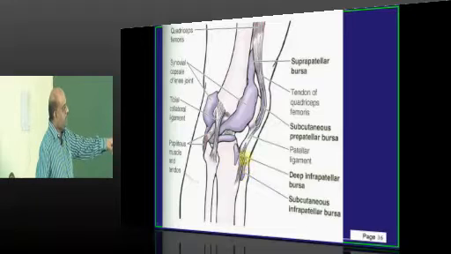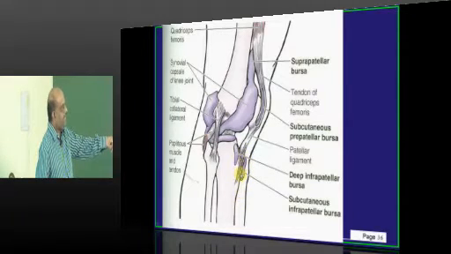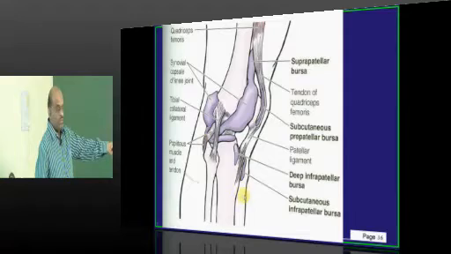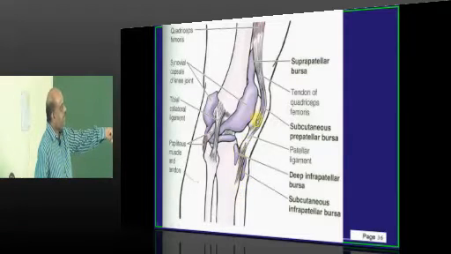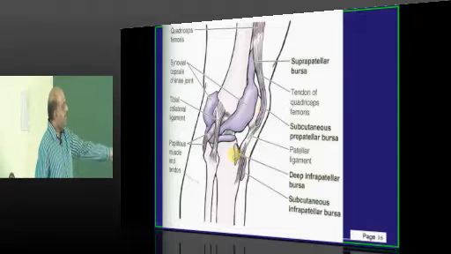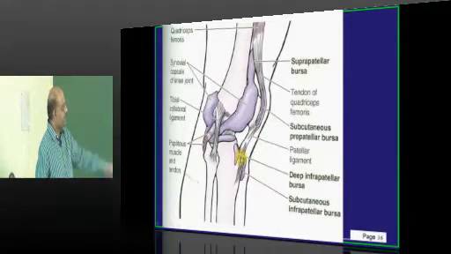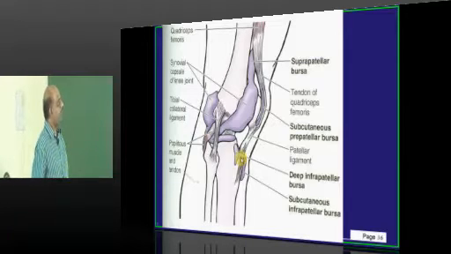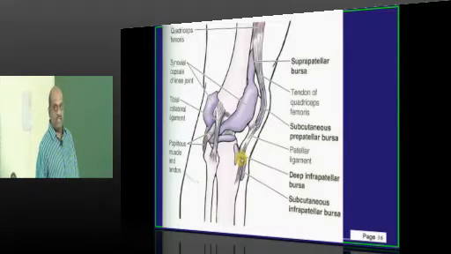Then we have the subcutaneous infrapatellar bursa. So, subcutaneous infrapatellar and subcutaneous prepatellar are subcutaneous, whereas the deep infrapatellar is deep, not subcutaneous. So, that is what we need to basically appreciate.